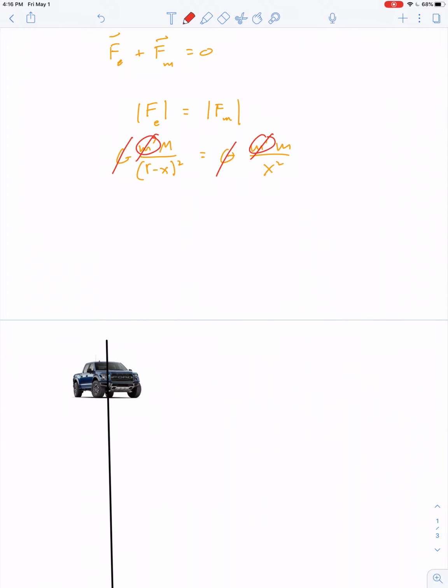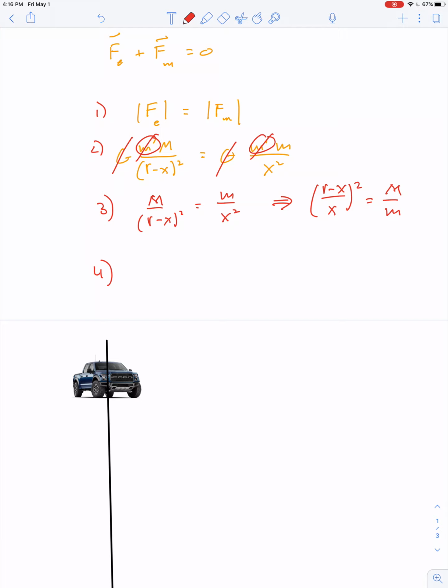So now we have from step 1 to step 2 to step 3 an expression that says the mass of the Earth divided by r minus x quantity squared has to equal the mass of the Moon divided by x squared. Or in other words, r minus x over x quantity squared has to equal the mass of the Earth divided by the mass of the Moon.